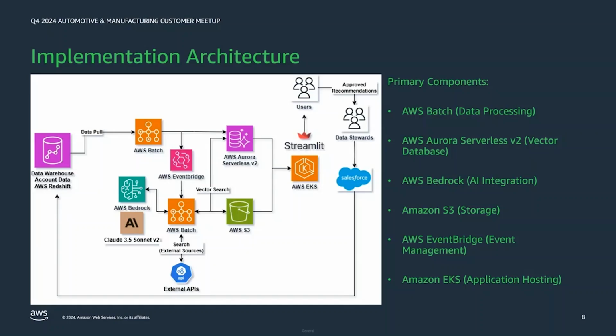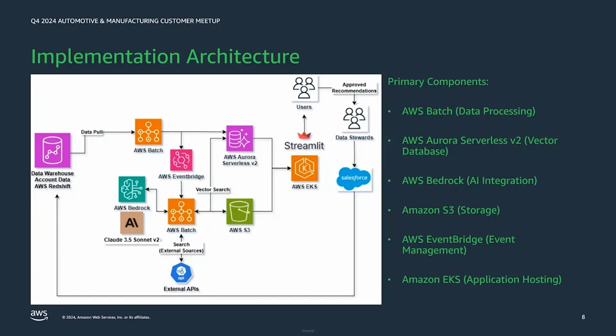For the LLMs, we leverage AWS Bedrock. We primarily use Anthropic models as of now. Storage is S3, and EventBridge lets us do the event management for the triggers. The application is hosted on our Amazon EKS cluster, and the UI is then exposed to the users.